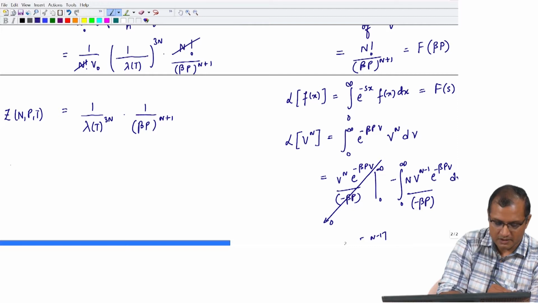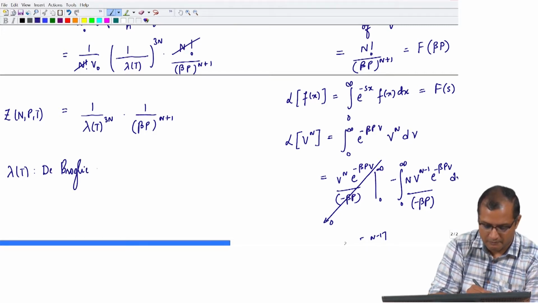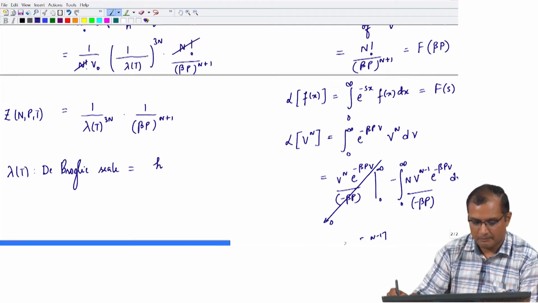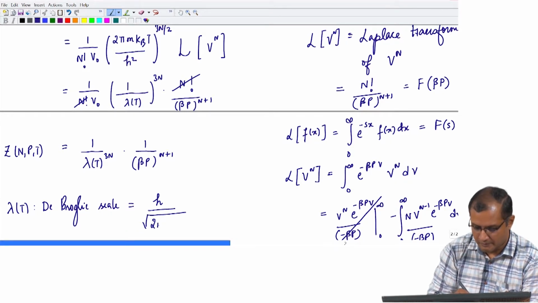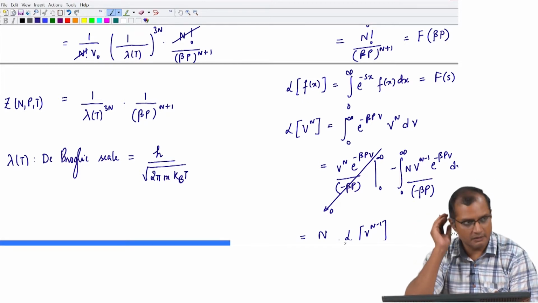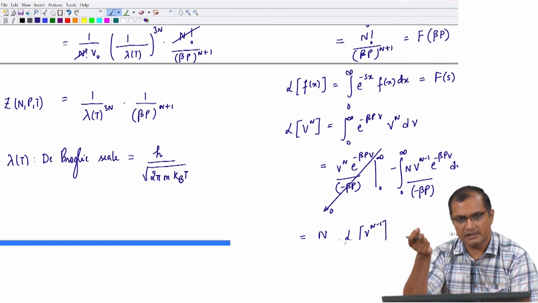Okay. So, notice that we have defined our de Broglie length as h upon square root of 2 pi m kB T, which, as we discussed a few lectures ago, indicates the onset of quantum mechanical effects provided you have a reference length scale that comes from density.